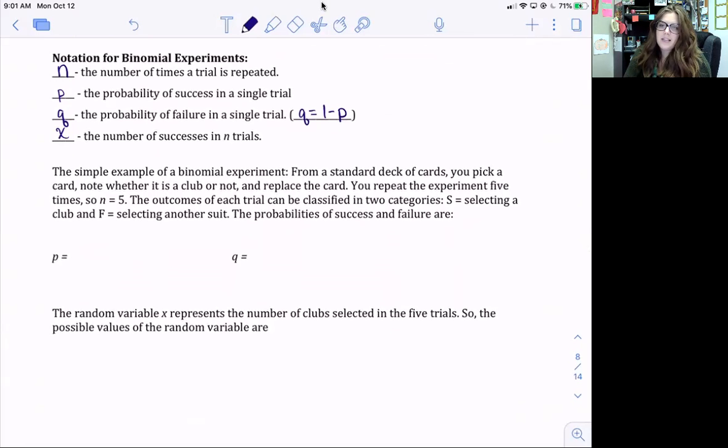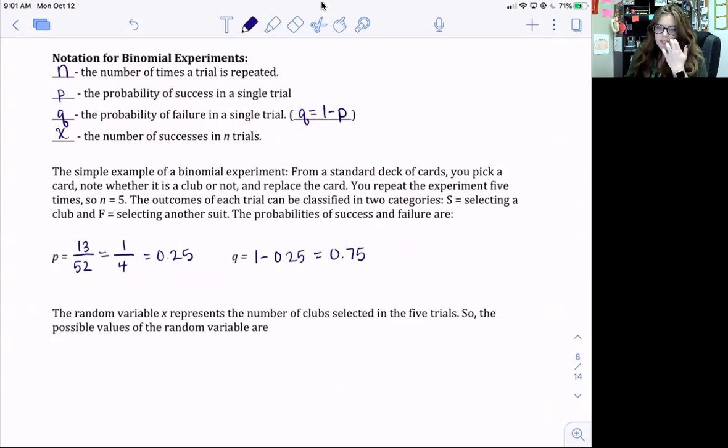There are 13 clubs out of the 52 total, or the club is 1 suit of the 4, so p is 0.25. For q, we're just going to do 1 minus 0.25, which equals 0.75.